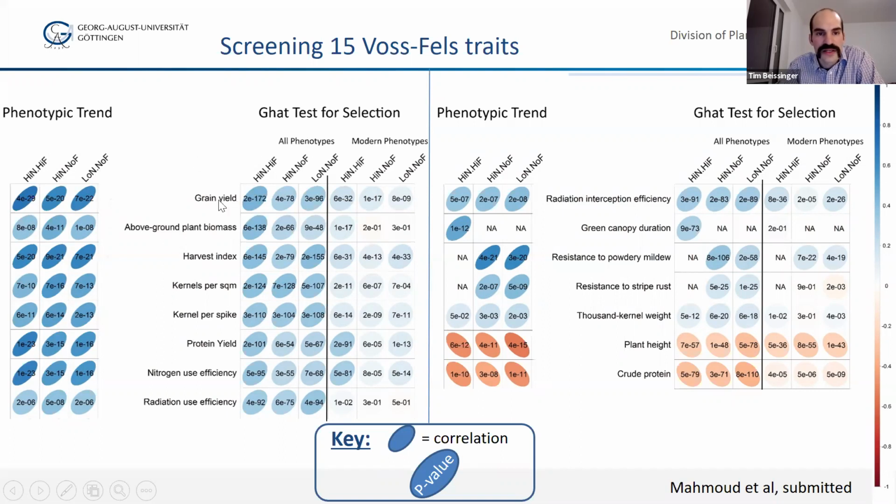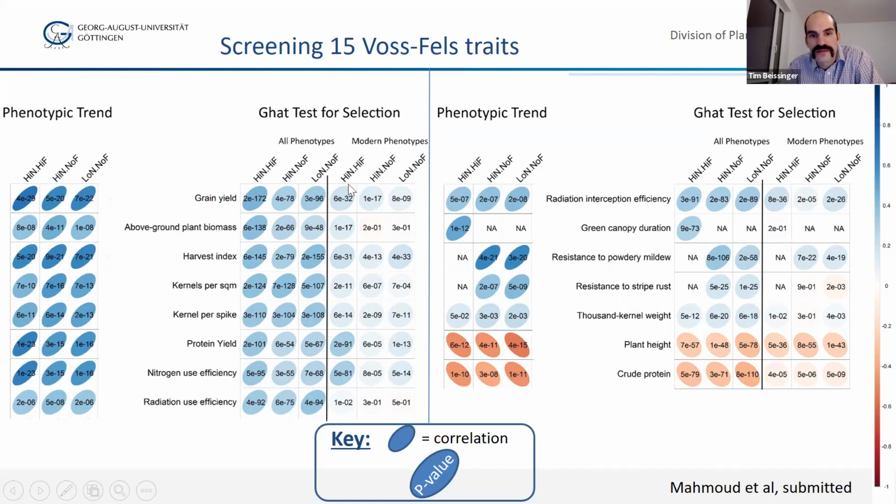So as you can see, we have significant evidence for selection on grain yield when we use modern and old phenotypes, but even when we use only modern phenotypes, we have significant evidence of selection on grain yield. And that tends to hold across most traits.